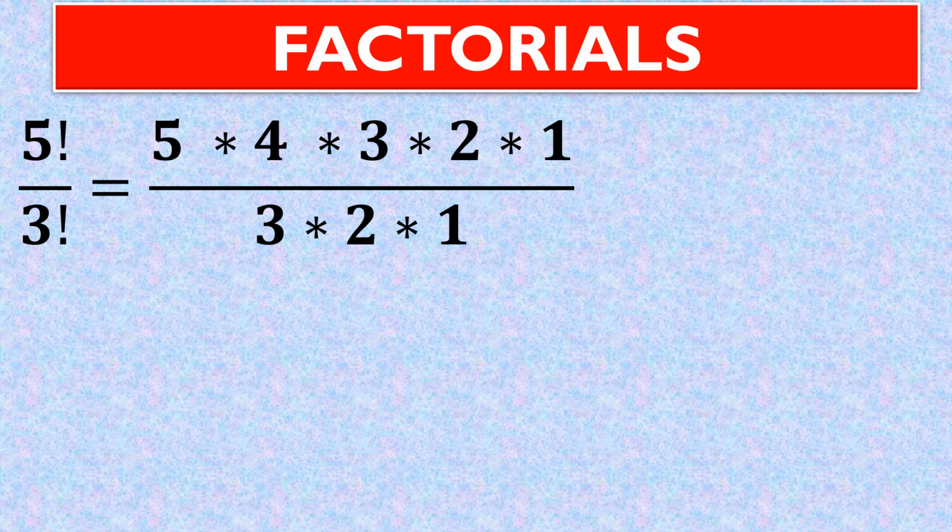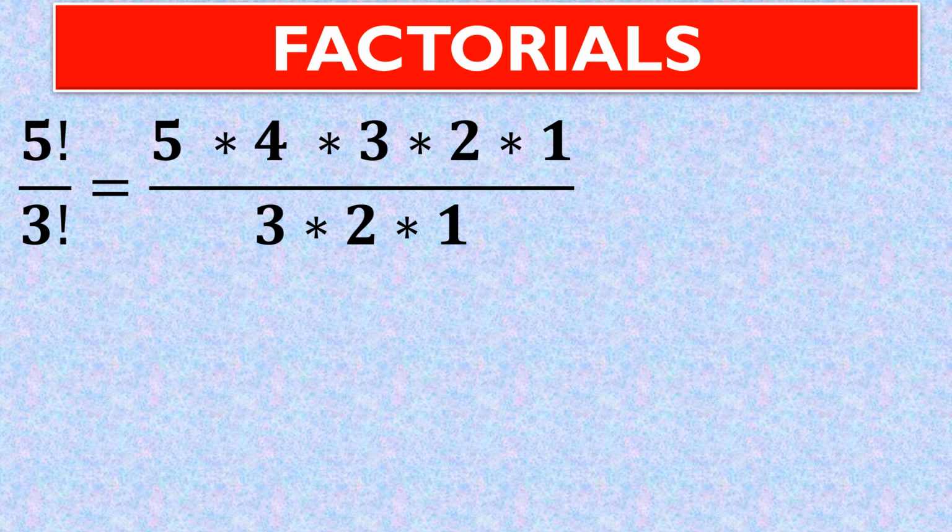And then 3 factorial is simply, that is at the denominator, we have 3 times 2 times 1. So if you look at the top and the bottom, you see that there is something that is common. 3 times 2 times 1 is common at the top, and 3 times 2 times 1 is also common at the base, so they can cancel out.